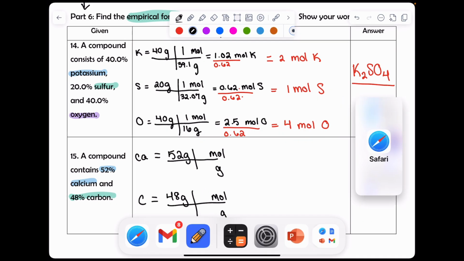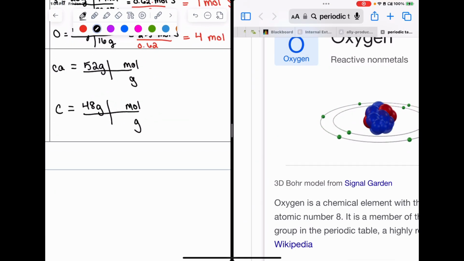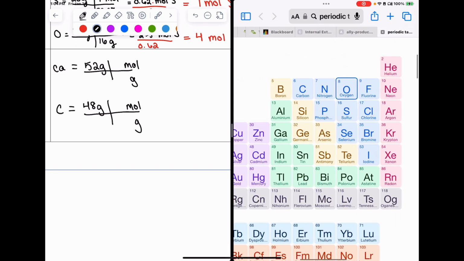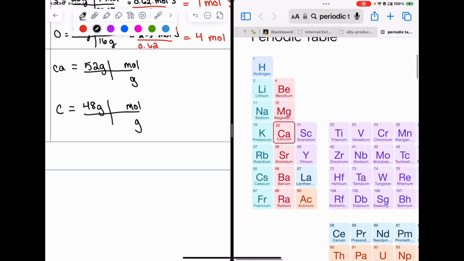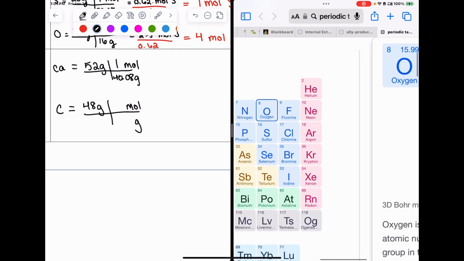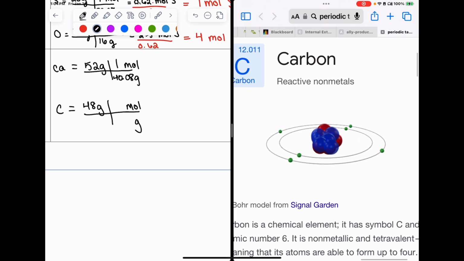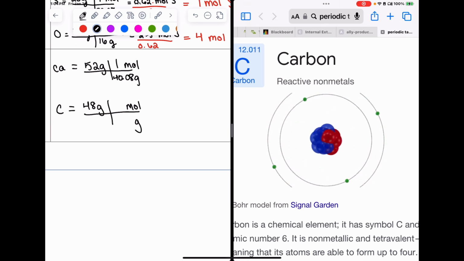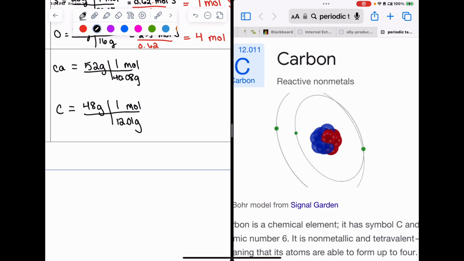Grams to moles using the weight off of the periodic table. So pulling up our periodic table, Ca calcium is going to have a weight of 40.08 grams for every 1 mole. Carbon is going to have a weight of 12.01 grams for every 1 mole.